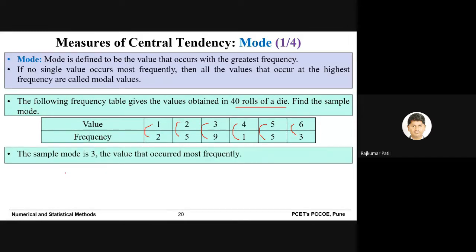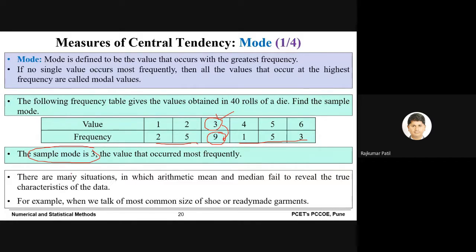Now in this case, the mode is 3. Why? Because for 3, the frequency is maximum, that is 9, which is greater than all the remaining values. So we can call the mode 3.